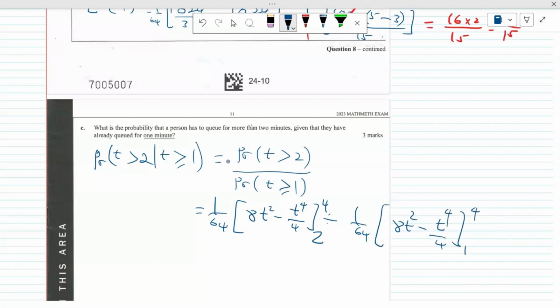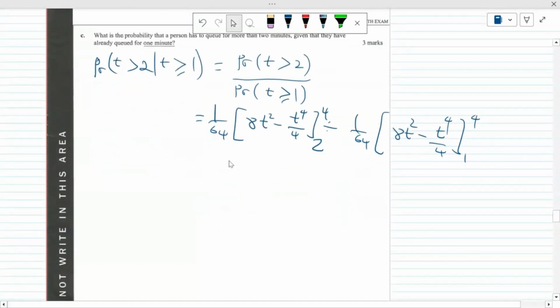If we solve this bit there, that's going to be 16 times 8, which is 128, minus 64, isn't it? Yeah.